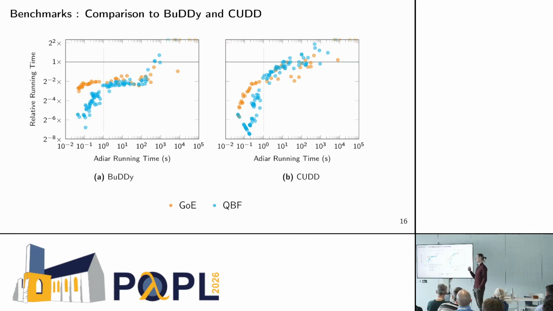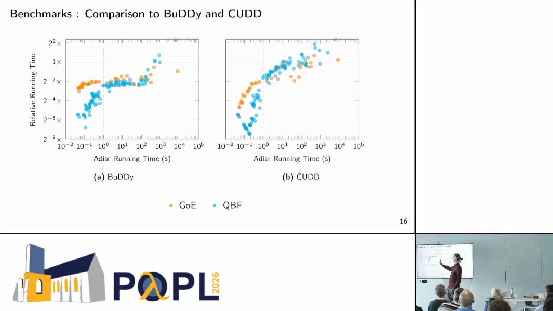In the paper, we have compared with 5 different implementations. Here I've just taken 2 that you probably would know: Buddy from Copenhagen and CODD from Colorado. Buddy has probably the clearest picture of how performance goes when you compare.